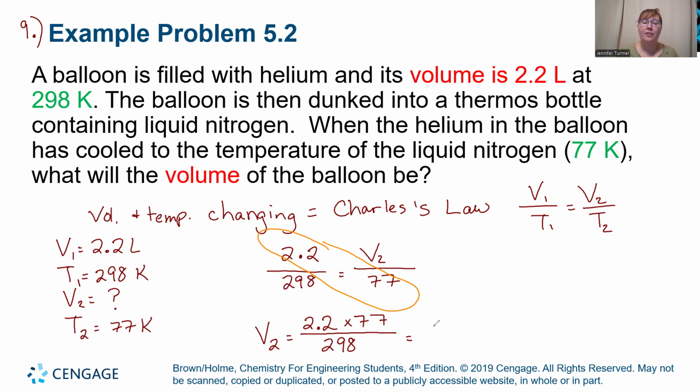And the value that we will get for that is 0.568456, and our unit is liters. Now notice over here that we can only have two significant figures in both of these places. So that means that with significant figures, this is going to be 0.57 liters.